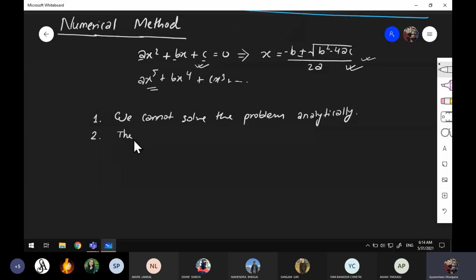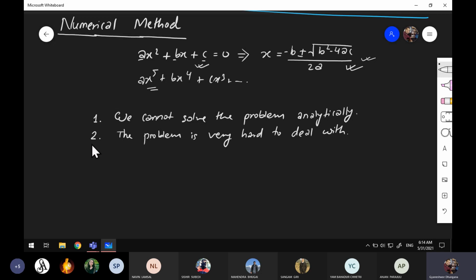Okay, the problem is very hard to deal with. Okay, in these two cases, basically in these two cases, we have to go for numerical method.